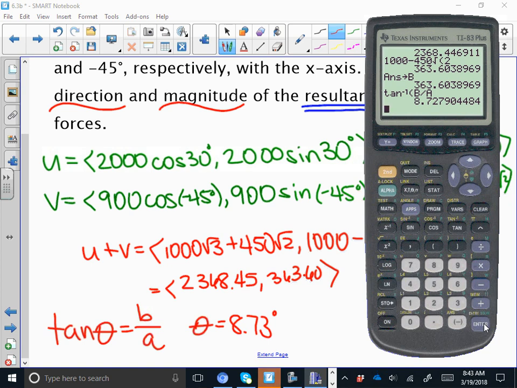And if we want the magnitude, then we know we need to take the square root of A squared plus B squared.